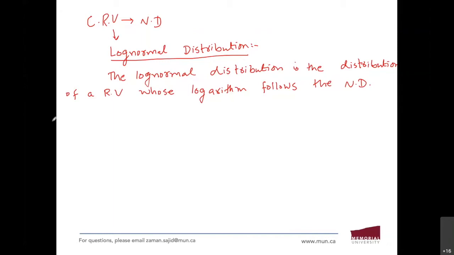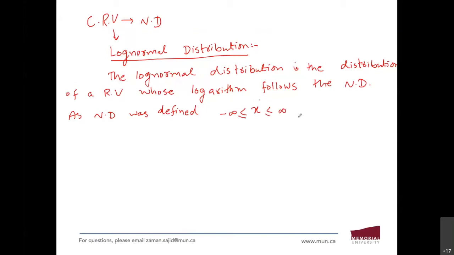Now, as you know, the normal distribution was defined where x is greater than or equal to minus infinity to less than or equal to plus infinity.